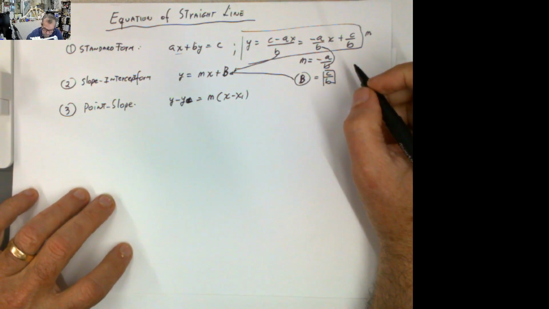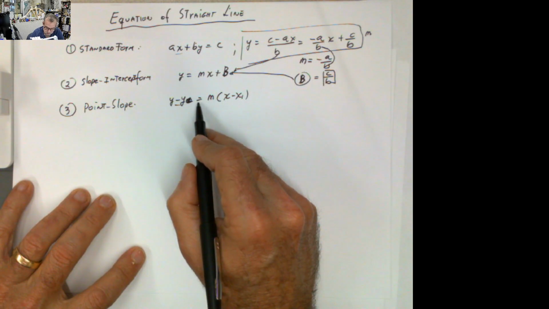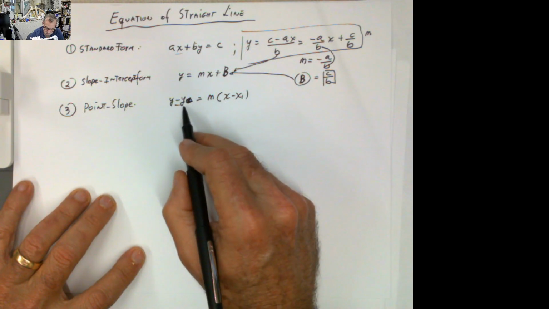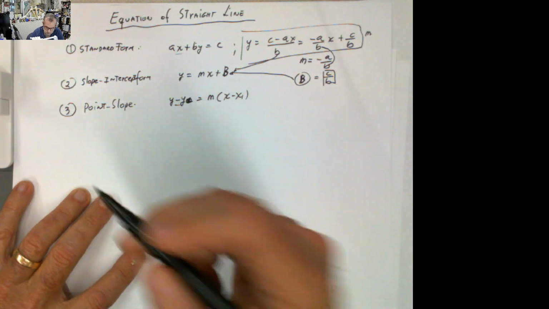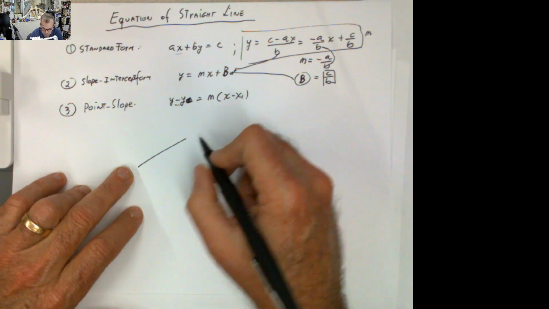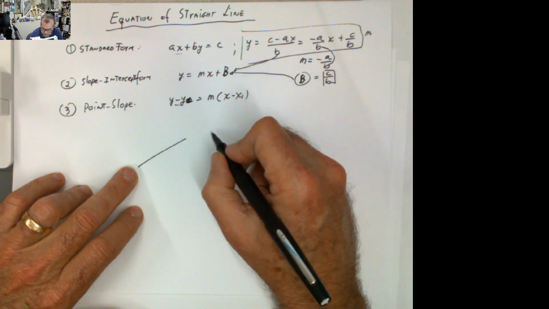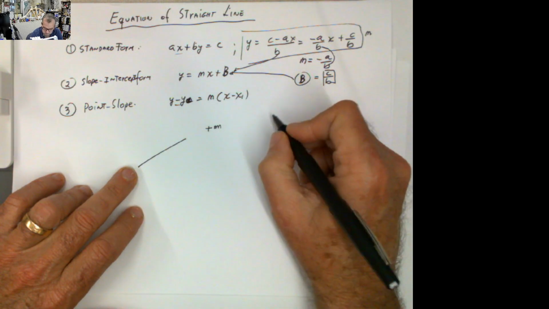Now, the last one is point slope. You need 2 points or 1 point and the slope. Straight lines can be in this direction. That means that it's rising. If it's rising like that, the slope, which is called m, is positive.